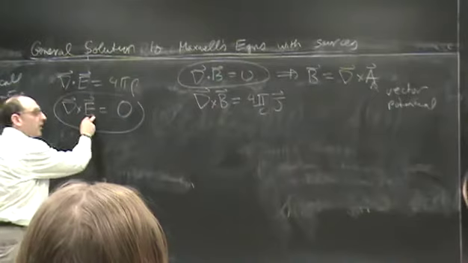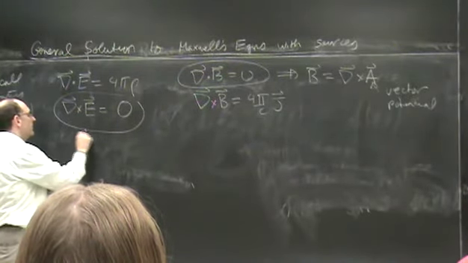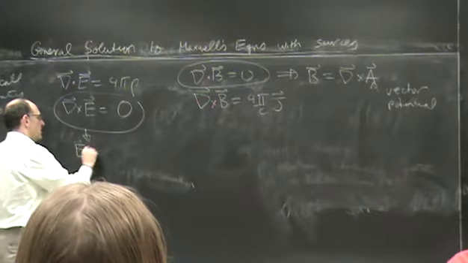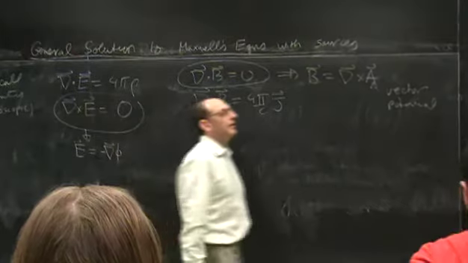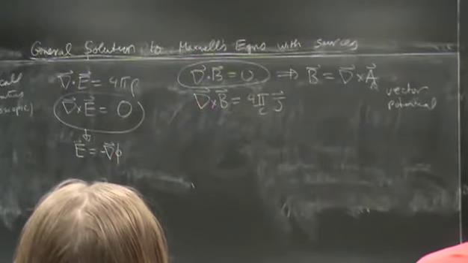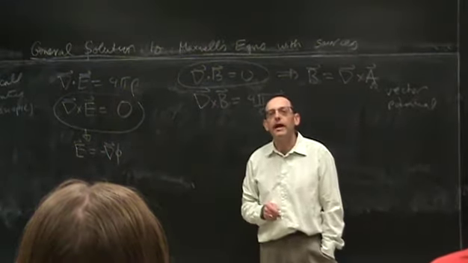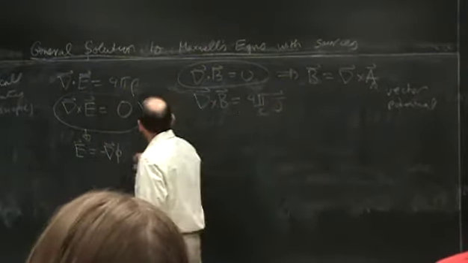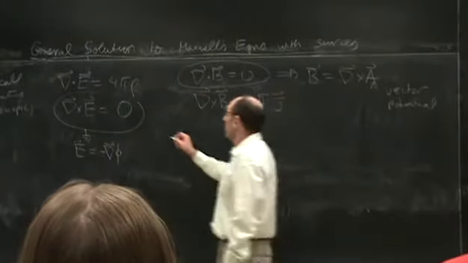And the fact that the curl of the static electric field was 0 told us that the electric field itself was the gradient of another scalar field that we call the scalar potential, and by convention of its relation to potential energy, we put the minus sign in there.